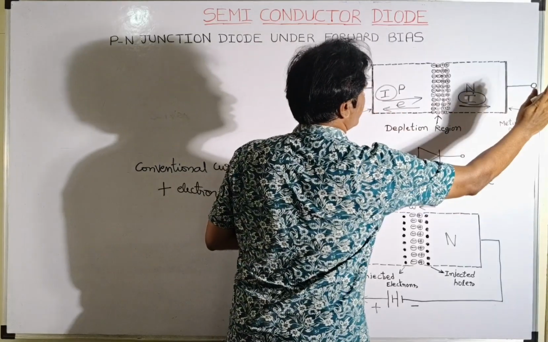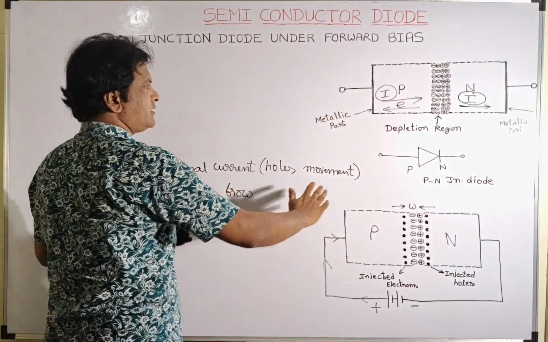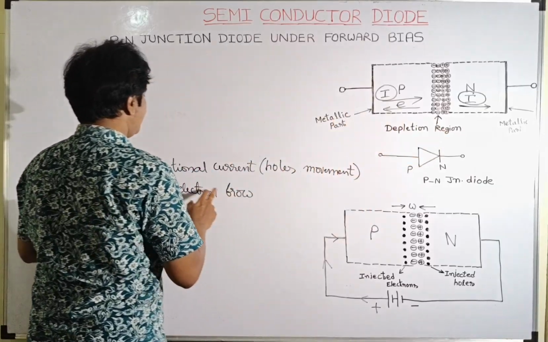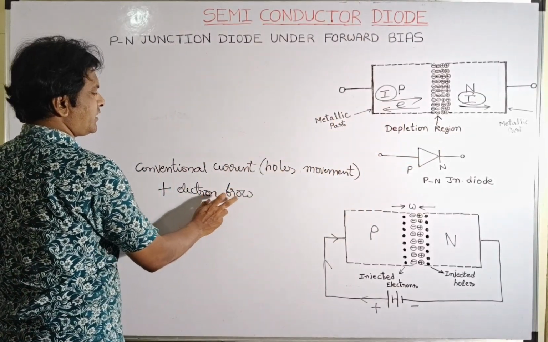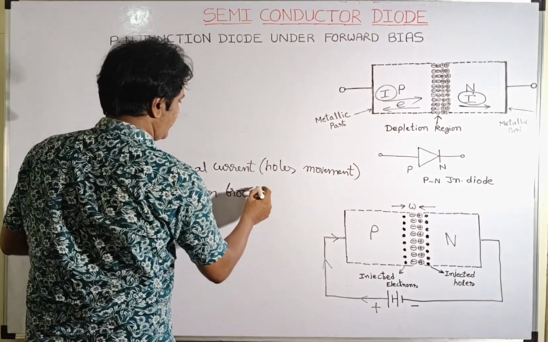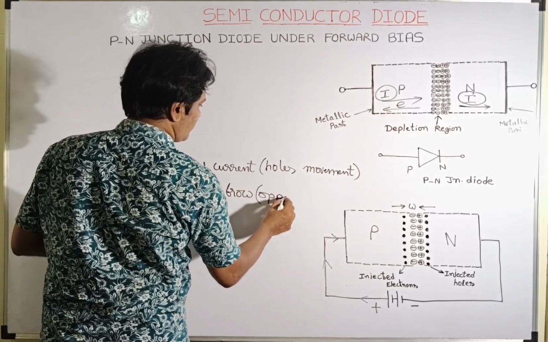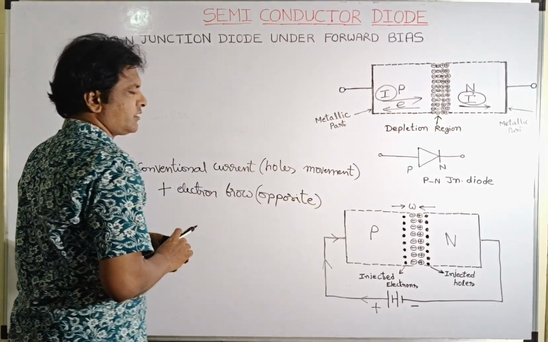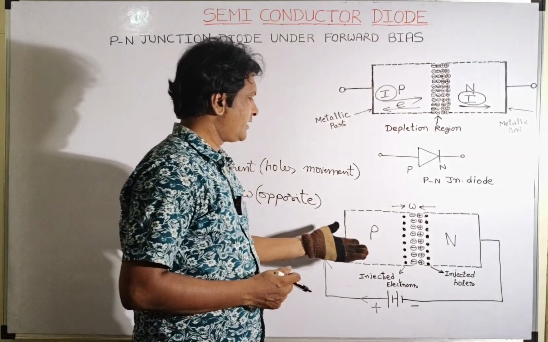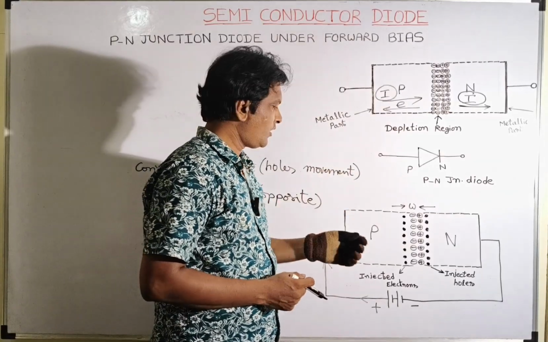So all in all, the current is in one direction. The current flowing through the PN junction diode is a combination of conventional current, that is hole movement, and electron flow. Actually the current flow direction is opposite to the electron flow, so both are summed up. That is calculated in milliamperes, mostly a very small current.